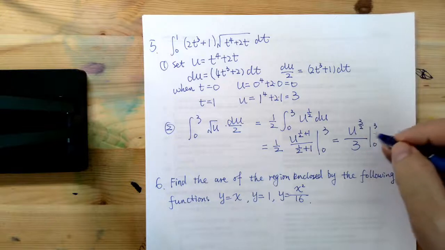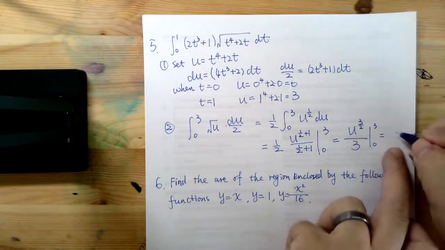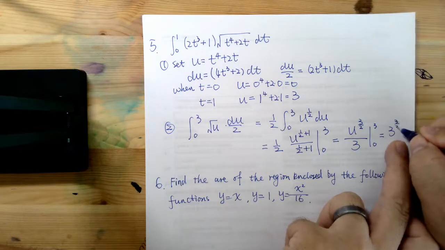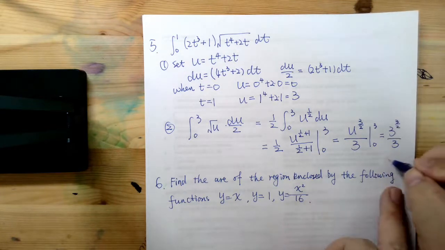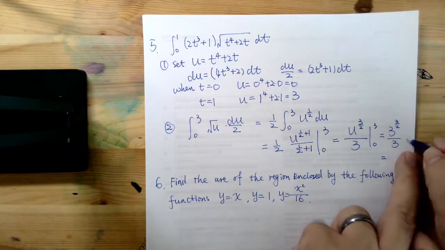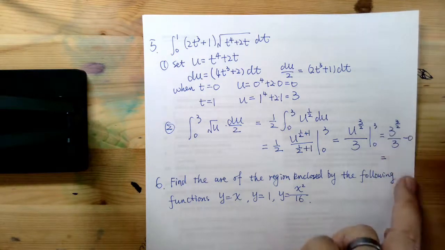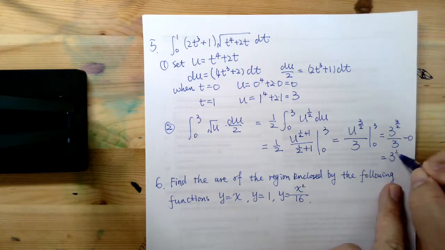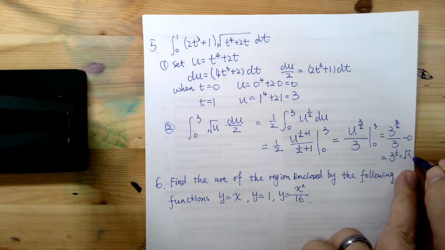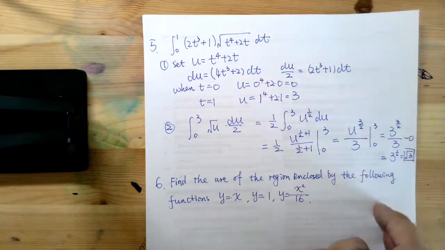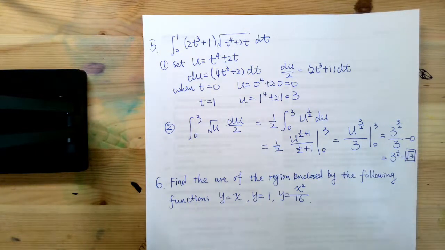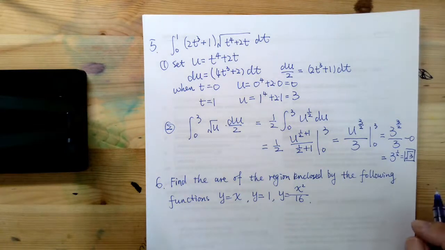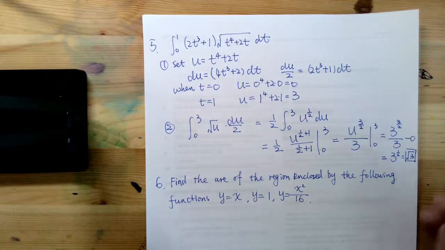You substitute 3 inside of this, so it's 3 to the power of 3 halves over 3, minus 0 if you plug 0 in. It turns out this gives you 3 to the power half, or square root of 3. That is the basic steps for solving this definite integral problem.